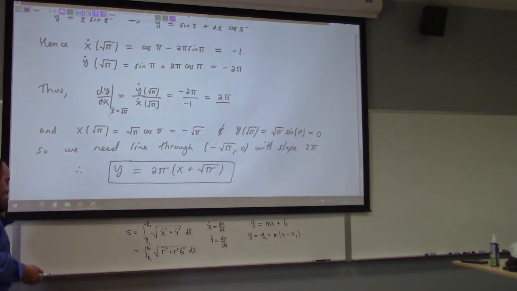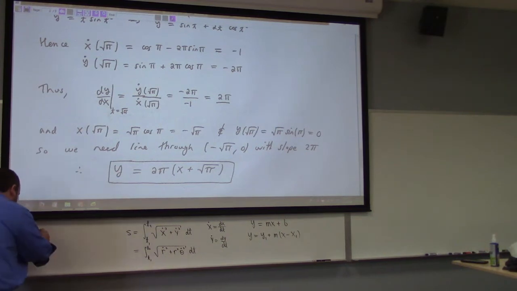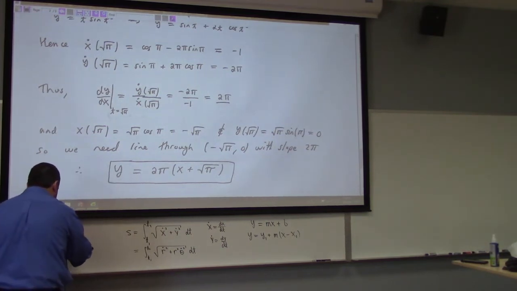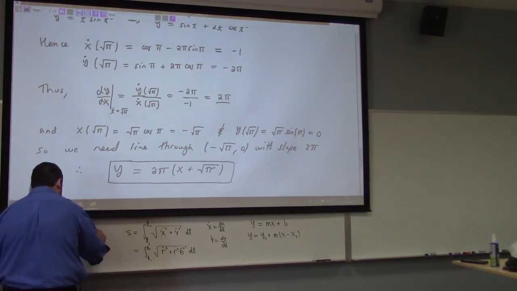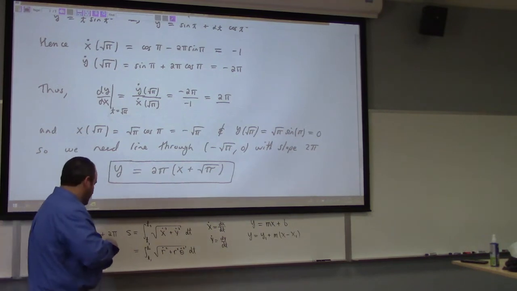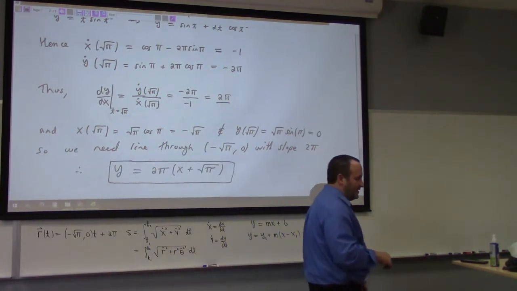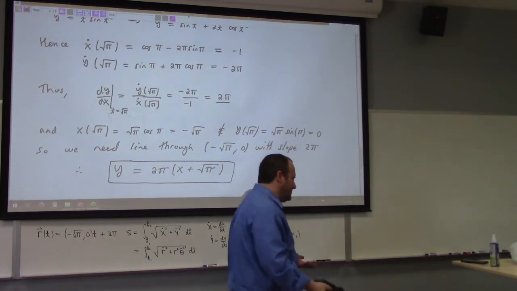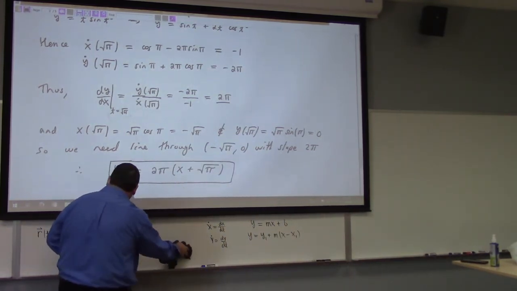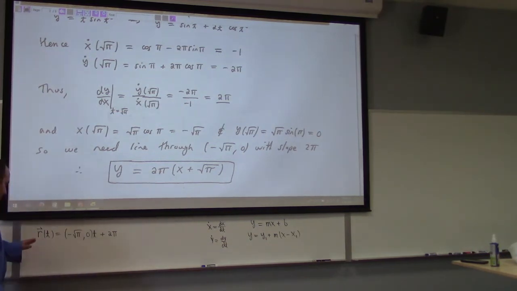What I saw people write, and this is concerning to me, was something like this. I can't even remember what you guys wrote, but it was something along the lines of, and this is paraphrasing, this times t plus 2 pi. In this course, it's understandable that you might write such a thing because we haven't spent a lot of time on vectors. But this will offend your 231 professor.